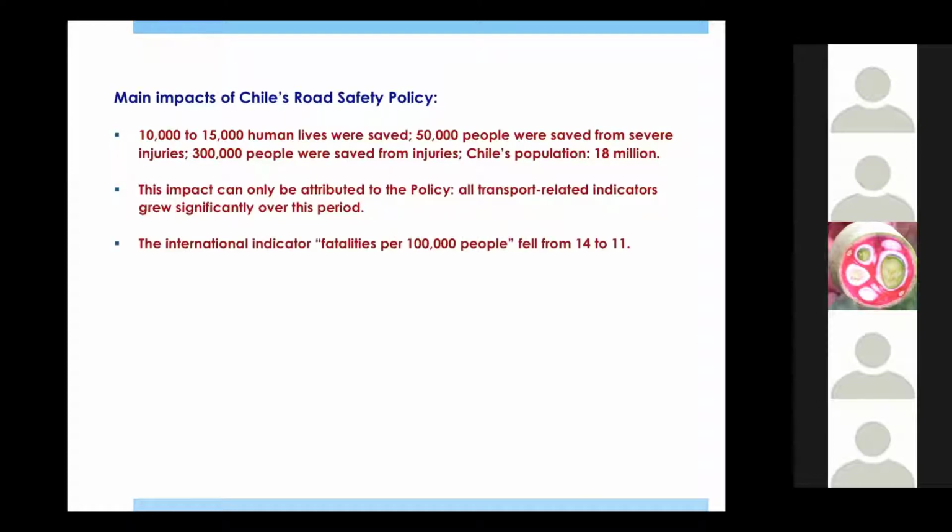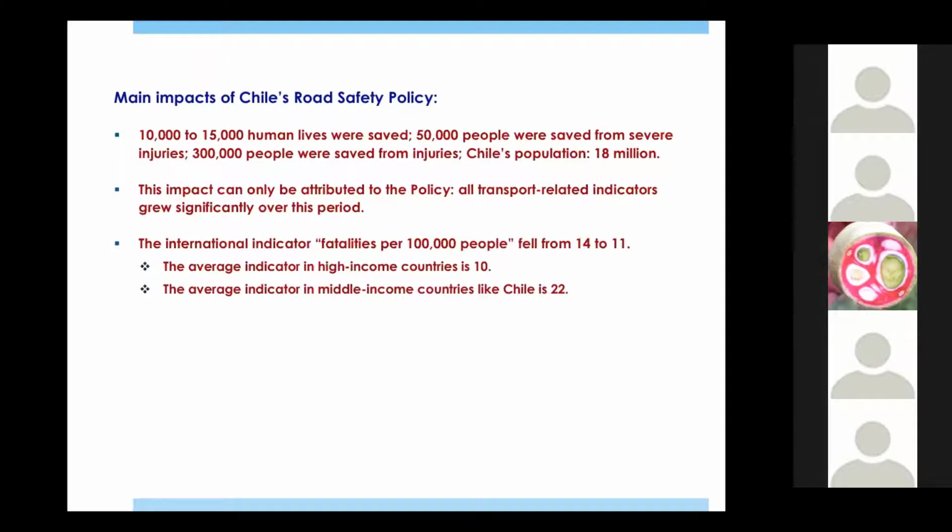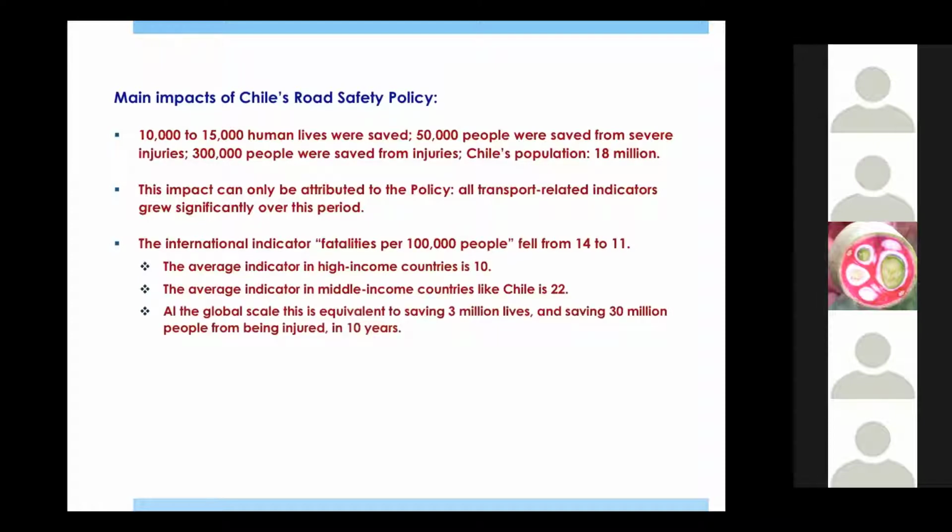The international indicator, fatalities per 100,000 people, fell from 14 to 11. The average in high-income countries is 10, and in middle-income countries like Chile it is 22. At the global scale, if this could be done, it would be equivalent to saving 3 million lives and 30 million people from being injured.